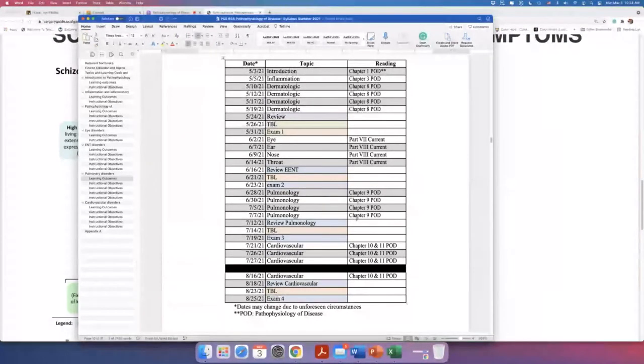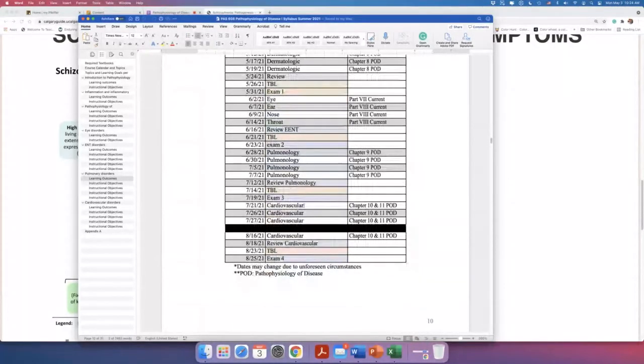Then we are going to move to pulmonology, with 4 encounters, then a review, and then TBL and exam, and the same thing for cardio. There are 4 encounters, review, TBL, and exam. Notice that there is a break here. This is in August, because I am going to be traveling to Spain, something that I had planned a very long time ago.